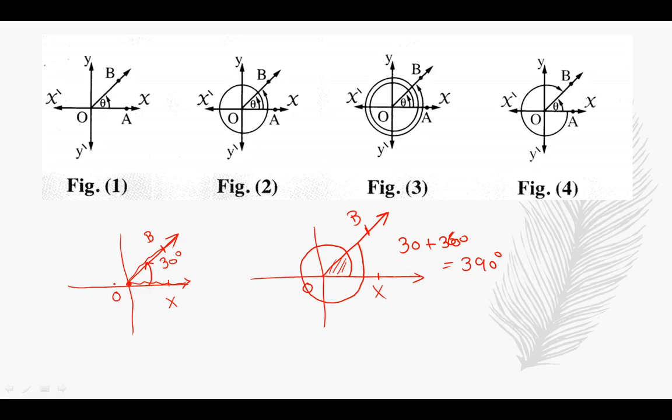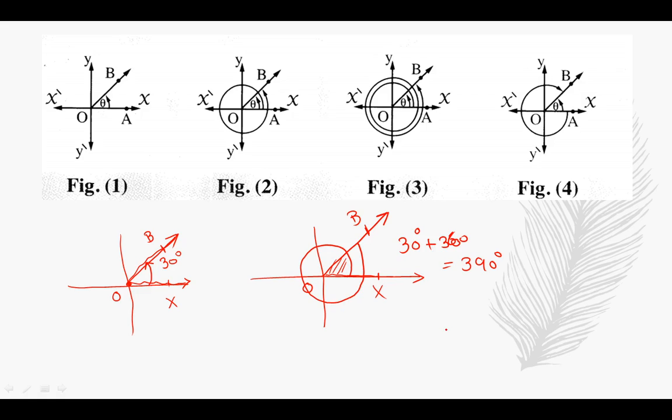Because they have the same initial side, which is OX, and the same terminal side OB. But the difference between the two angles is that the first one is 30 and the second angle is 30 plus one turn, which is 360. So it will be 390.